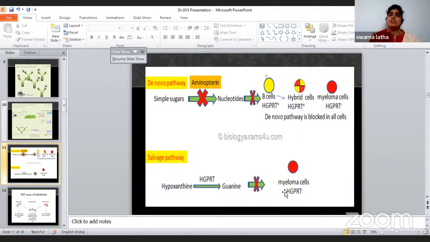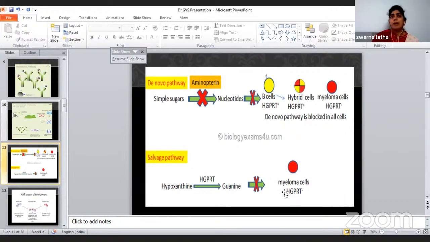In the de novo pathway, nucleic acids are synthesized from small structures, organized from ribose, then the bases are synthesized, then joined. The synthesis starts from the core.